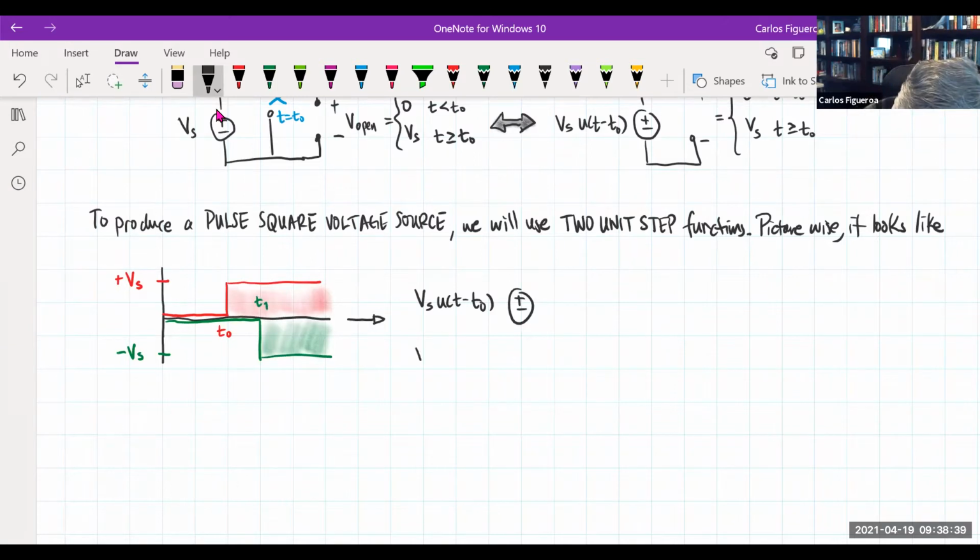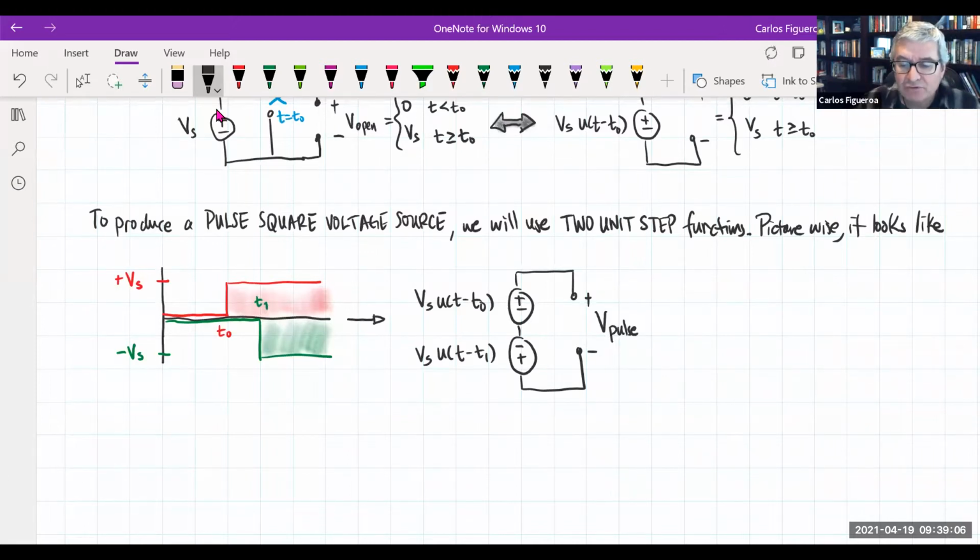So then this negative source doesn't turn on until T1. Oh, I'm getting my signs wrong. And then if I put these guys in series, then the open right here is what we call V pulse.